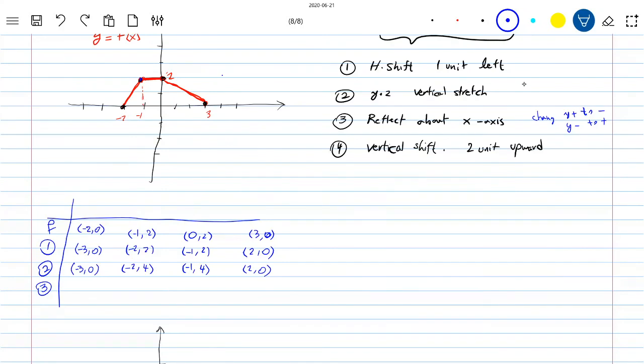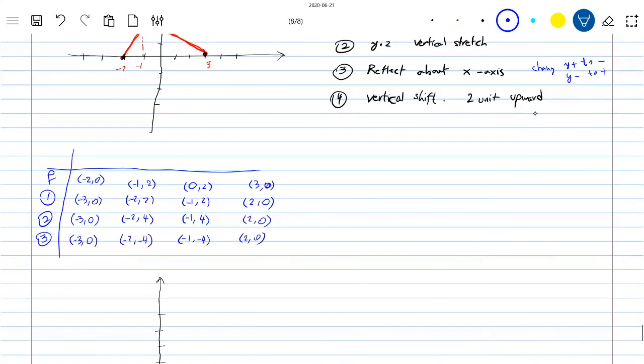So what happens to this case? 0 is still at 0. -2, 4 becomes -4. I'm multiplying all the y values by a negative number. You can combine steps 2 and 3 and do it at the same time, but just for the idea, I'm going to break them up.